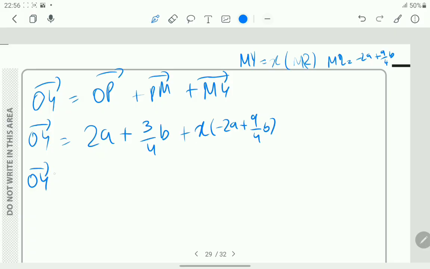Solving further, we get 2a plus 3/4 b plus minus 2ax plus 9/4 bx.